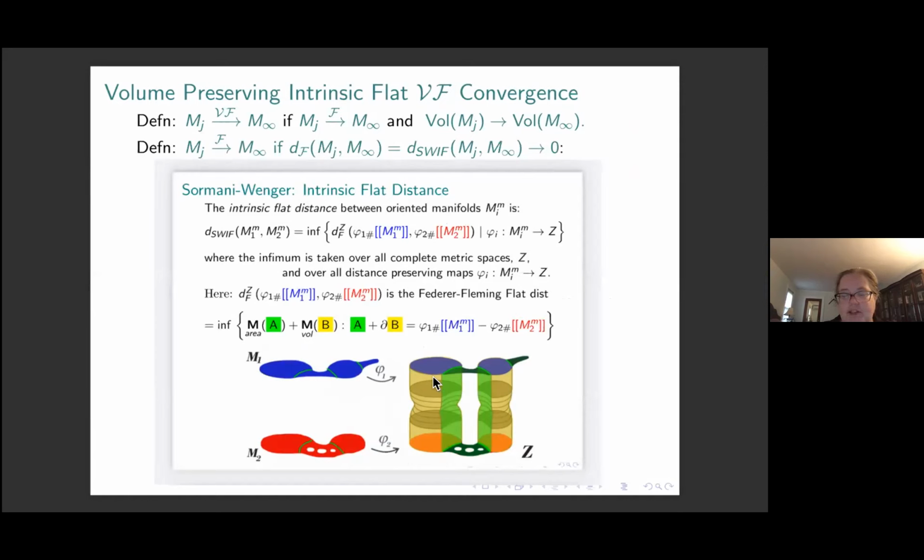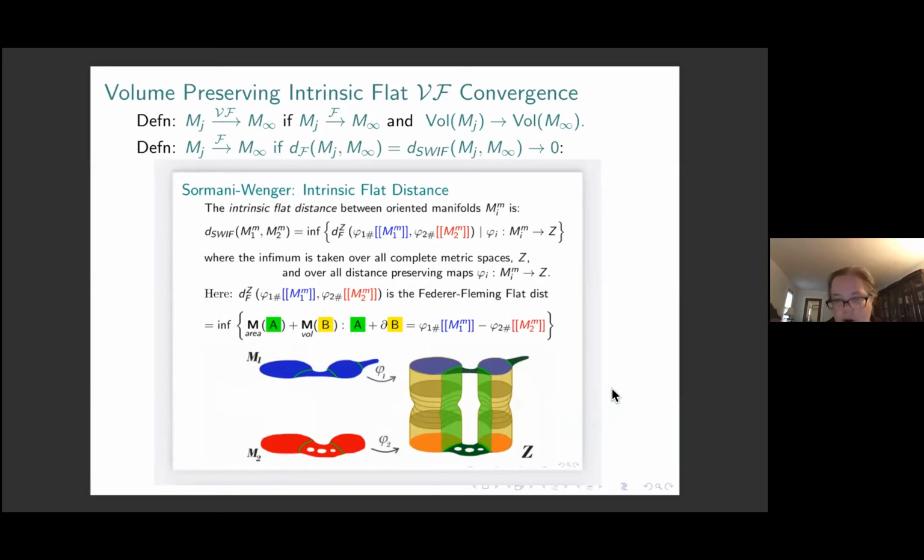And then we measure these volumes of A and B, which fill it in. So B will be one dimension higher, and the boundary of B should sum up to M1 minus M2 minus this extra part A. And we'll make precise estimates of this form today in order to estimate the intrinsic flat distance between two Riemannian manifolds.